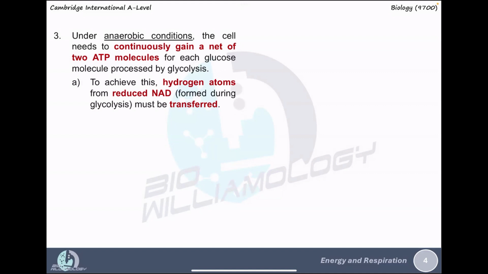However, NAD has a limited concentration, so it's not an unlimited supply. We need to regenerate NAD. So under anaerobic conditions, we must regenerate NAD, not through oxidative phosphorylation, but through anaerobic respiration.